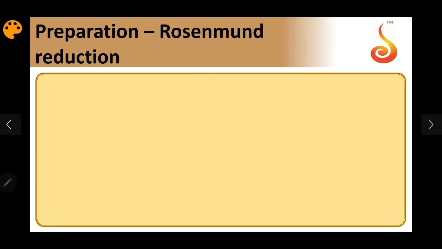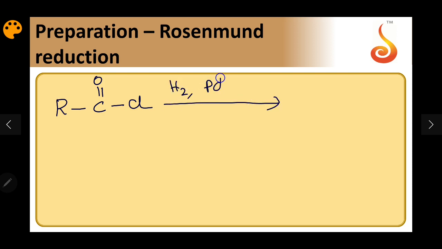Rosenmund reduction. It's a standard reaction. An acid chloride is reacted with hydrogen, palladium, barium sulfate with quinoline. So we are using a poisoned catalyst. The acid chloride will be reduced only till aldehyde.